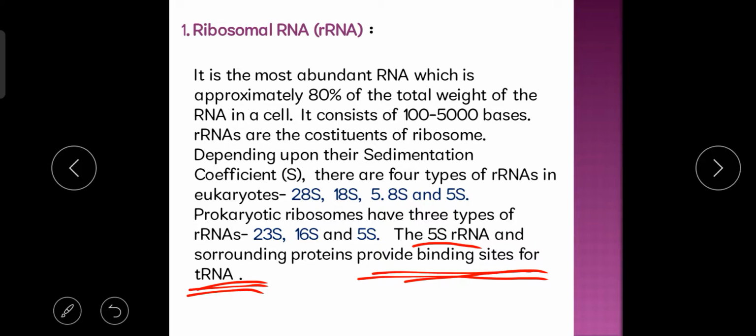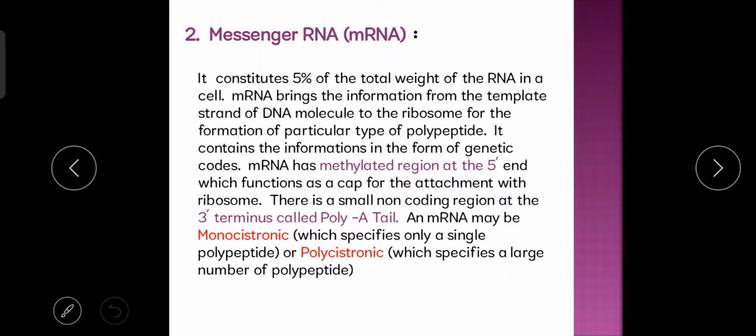Okay, so our next slide, the messenger RNA. The second one is messenger RNA.